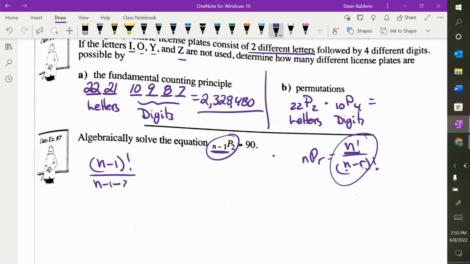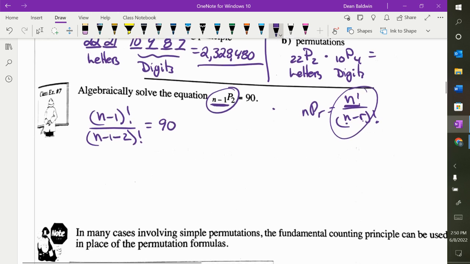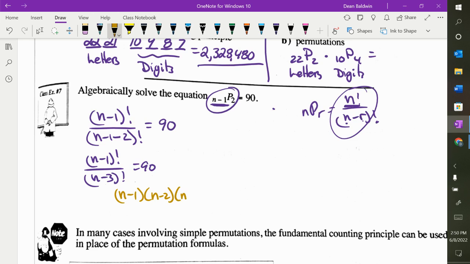The n minus 1 is connected to the P. So now I've got that, which I will clean up to n minus 1 factorial over n minus 3 factorial equals 90. Which one's larger? The top is larger, so reduce it until they cancel.